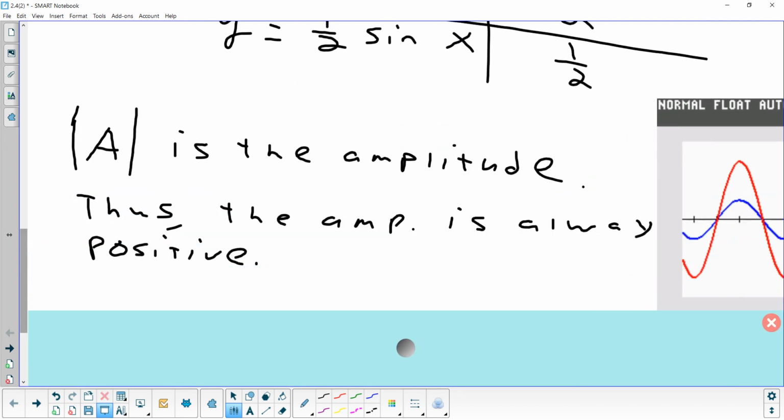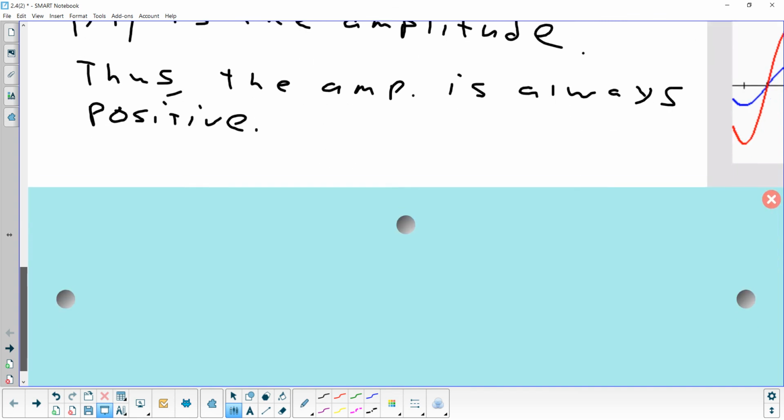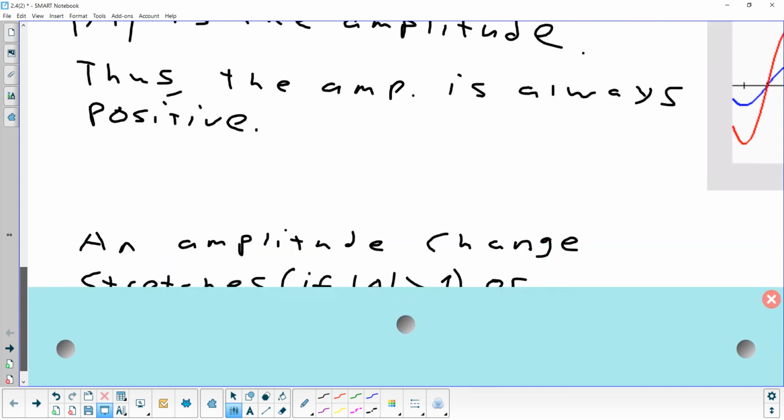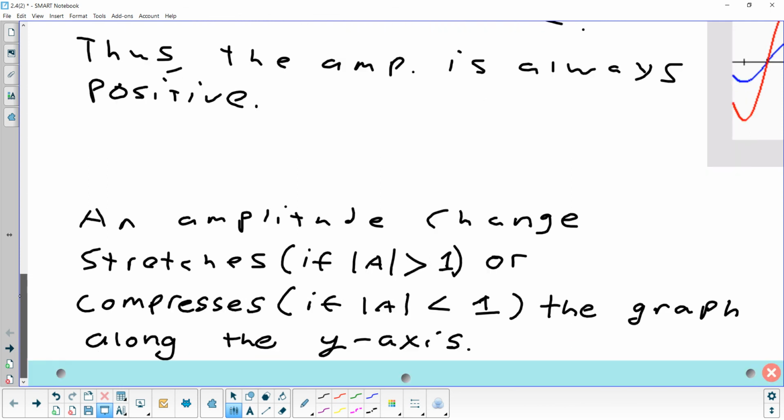So amplitude, again, we just said that, is always a positive number. And we just said these two things as well. Aiden just said that. So if you have a number in front that you take the absolute value of, and it is bigger than 1, that will cause it to stretch. Stretch, I mean get taller.